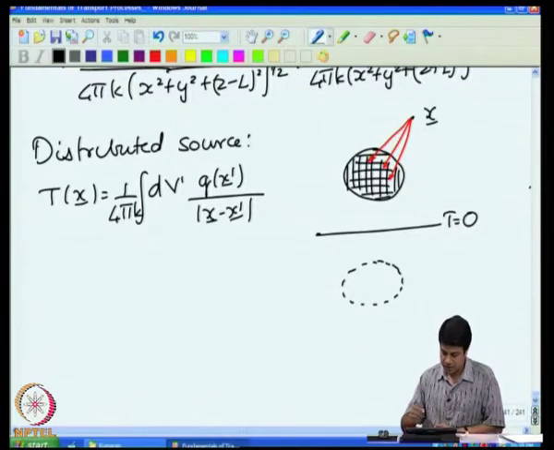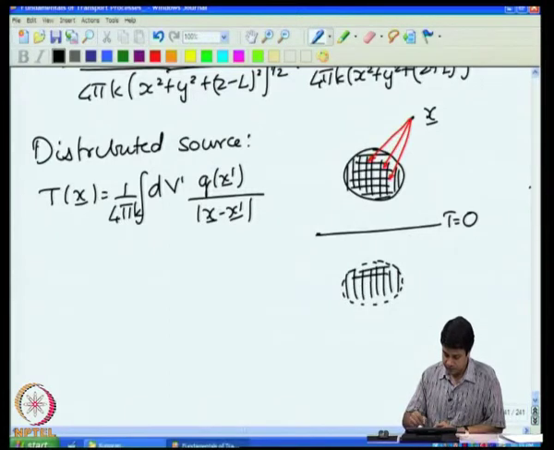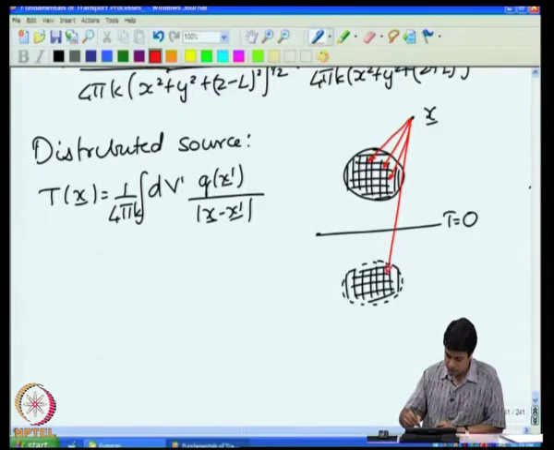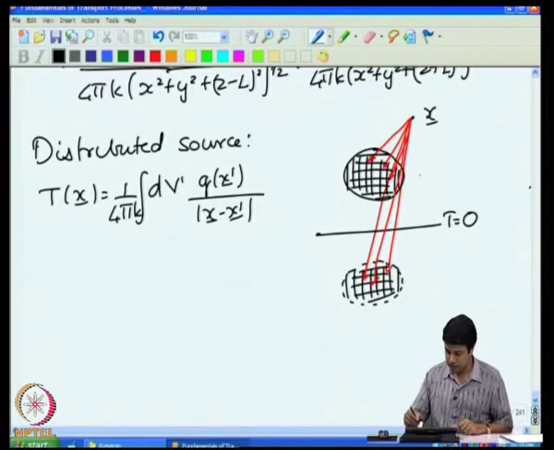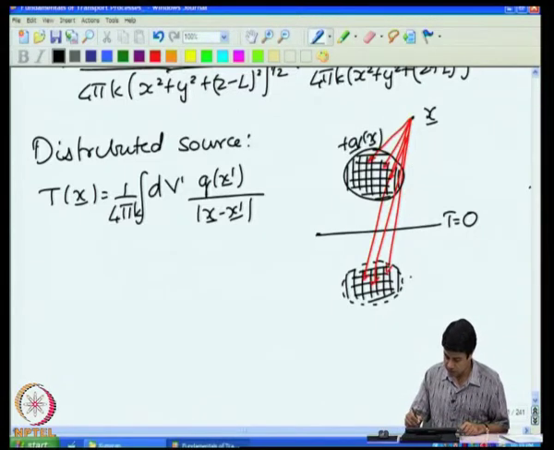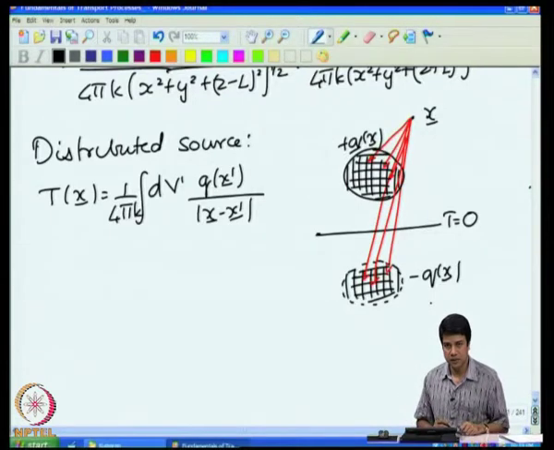So, in this case there is going to be a contribution both due to the source itself as well as due to the image. And the total temperature field is going to be equal to this. Note that if the source is plus q of x, the image has to be minus q of x, if the temperature is 0 at that surface.